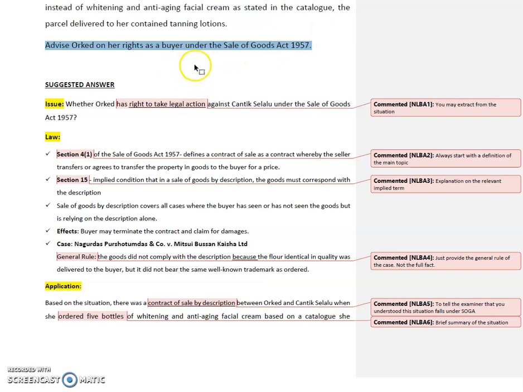This is an example of the issue that you can write, but make sure that your issue is relevant, so you may extract it from the situation. Please make sure that in your issue you write the name of the buyer and the name of the seller, Cantik Selalu, and state the legislation, Sale of Goods Act 1957. A simple issue is sufficient as long as it is relevant.